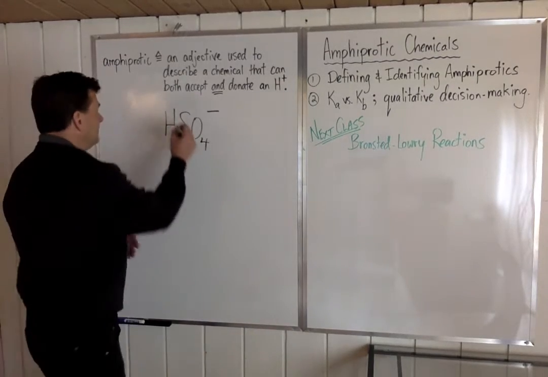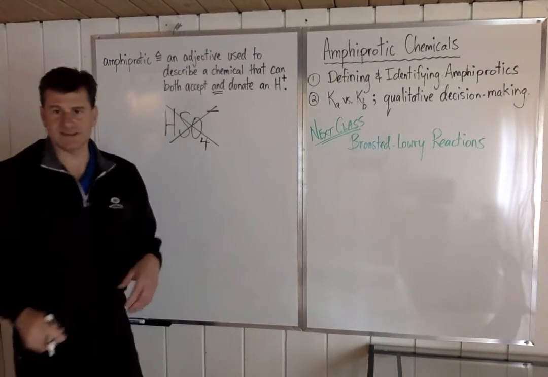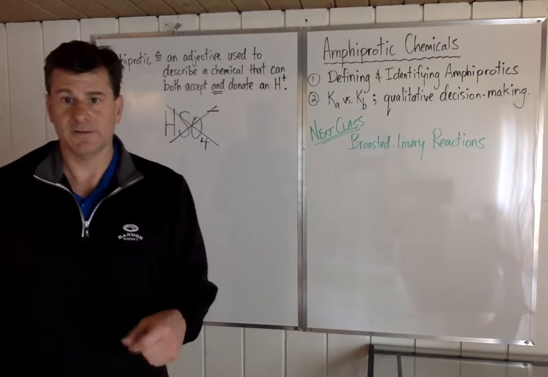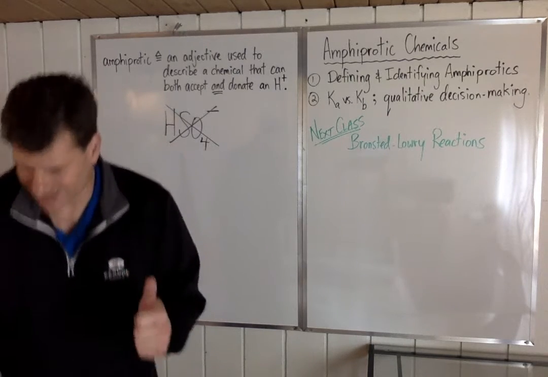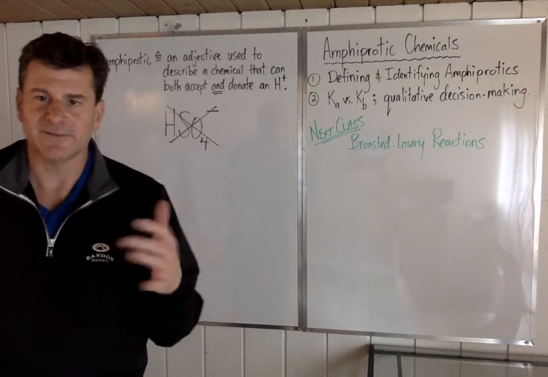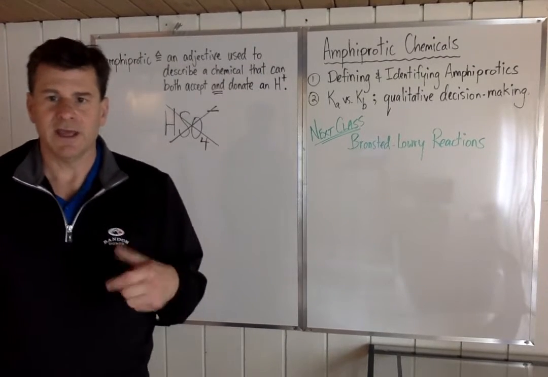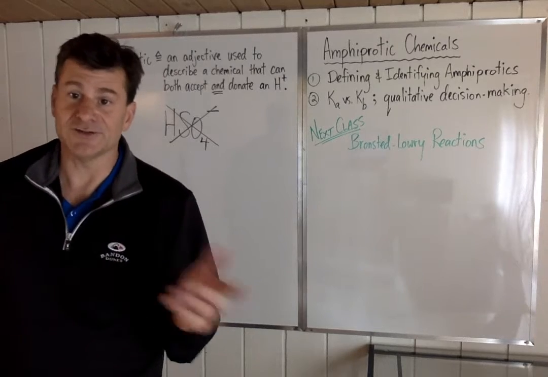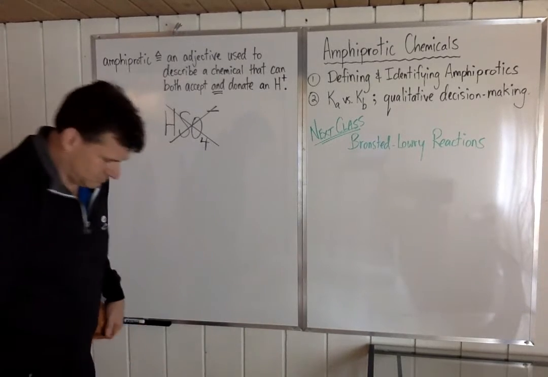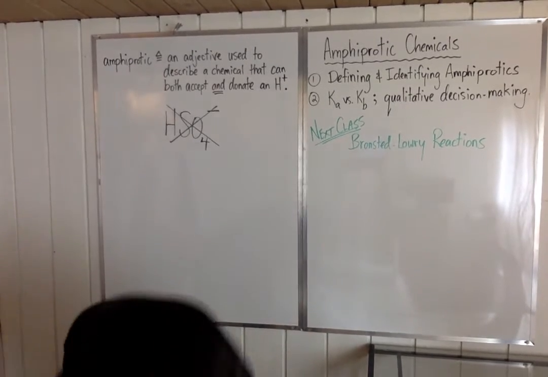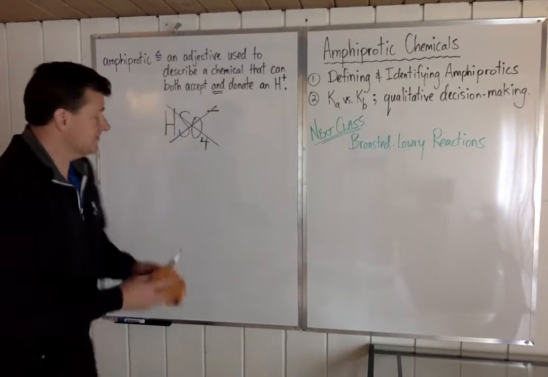So this guy is not amphiprotic. Okay, and so that's a tricky one. And yes, you're probably going to be asked at some point in your chemistry career if this is an amphiprotic chemical, and the answer is no, it's an acid. It's never a base, so it cannot be a base, conjugate of a strong acid, so that's not one.